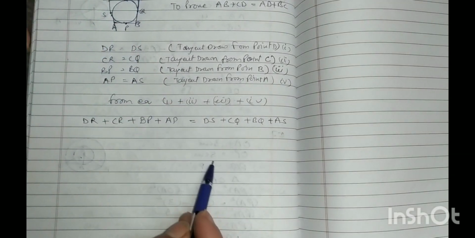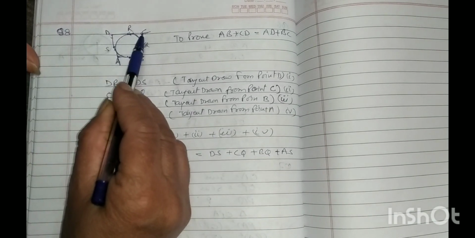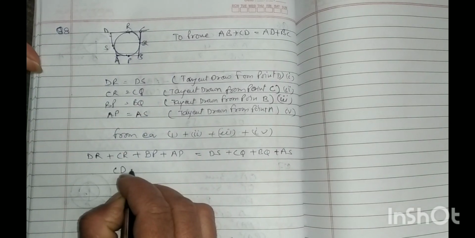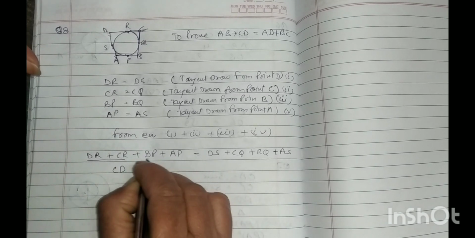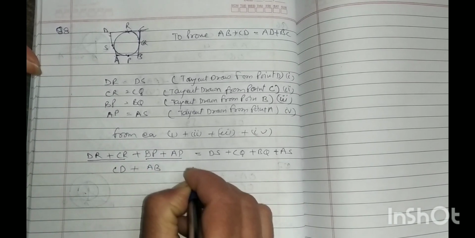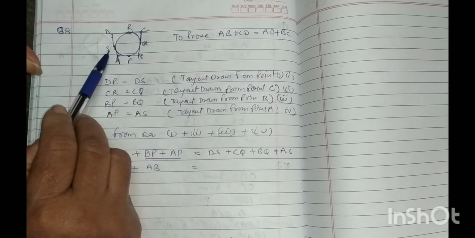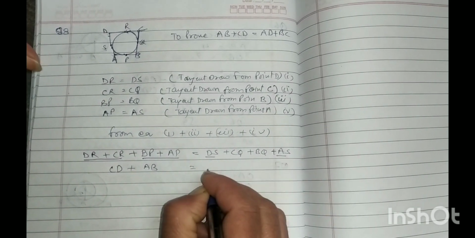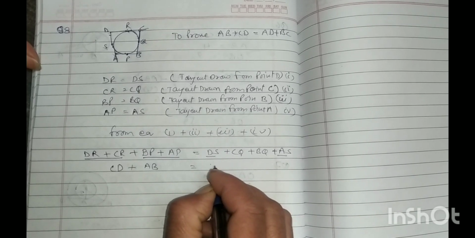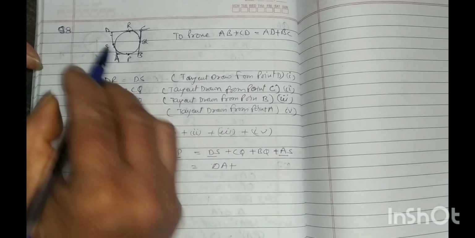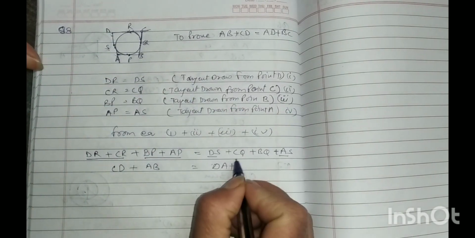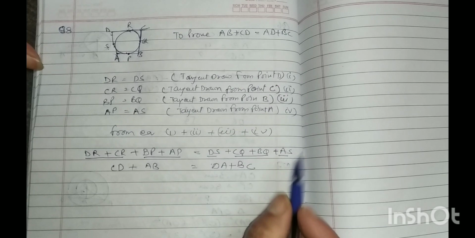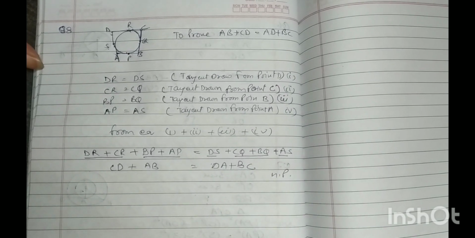DR plus CR equals CD, BP plus AP equals AB. Similarly, DS and AS equals DA, and CQ plus QB equals BC. Hence proved. Question number 9.